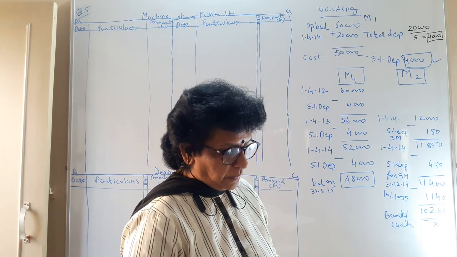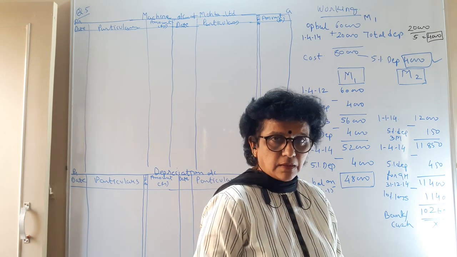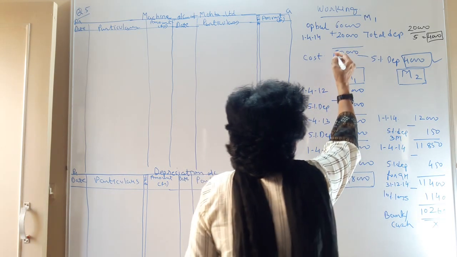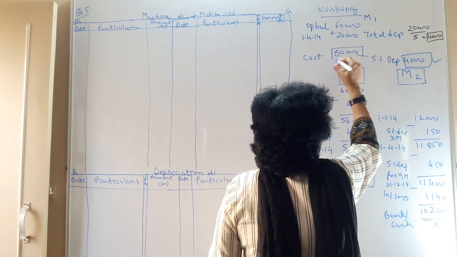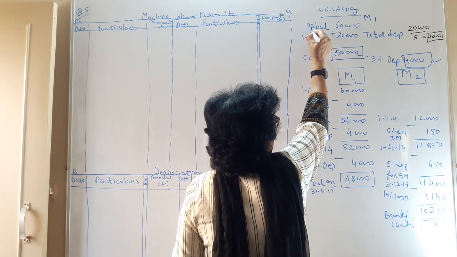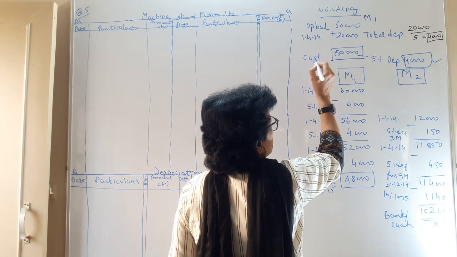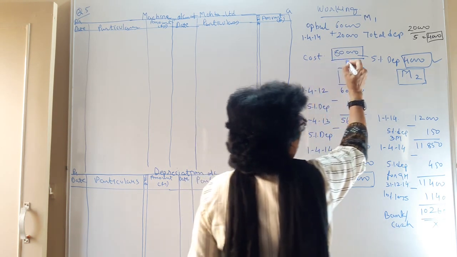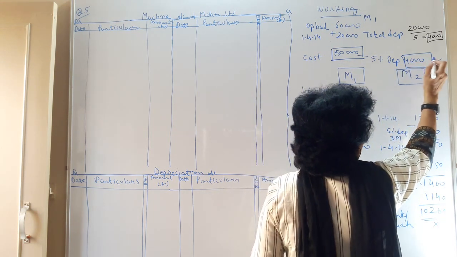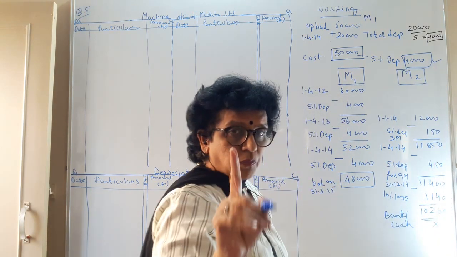Every year, the company provides depreciation at 5% as per the straight line method. So when the straight line method is said, we need to know the cost. Opening balance is given and total depreciation is mentioned, so you have found the cost: 80,000. 5% of 80,000 is equal to 4,000 depreciation per year for M1.